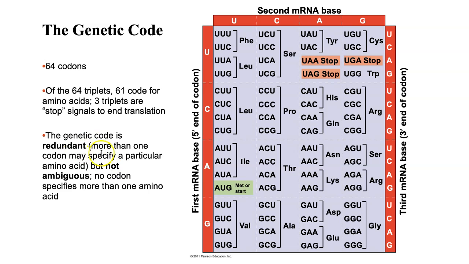Redundant means that more than one codon can specify for a particular amino acid. So for example, if the codon was supposed to be CCC and somehow it got changed to CCA, this is not a big deal, even though this is a point mutation right here, because they both still code for the same amino acid. So that point mutation would be silent.